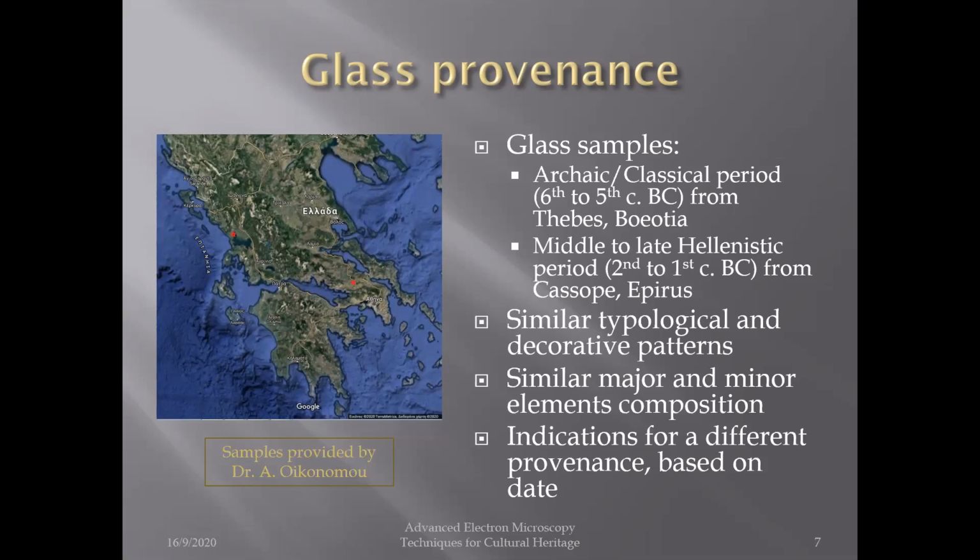And we first applied the technique on archaic, Hellenistic, classical glass vessels, which were provided by Dr. Economou. These samples all have the same color. They're the very typical blue core-formed vessels of that period. They are identical in terms of typology, of decoration. They have very, very similar major and minor composition.